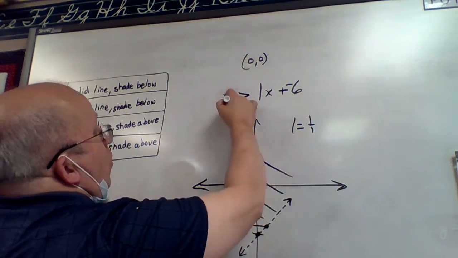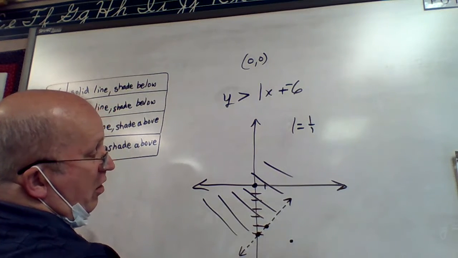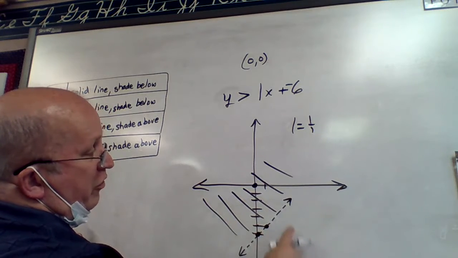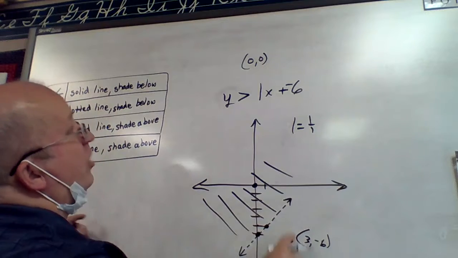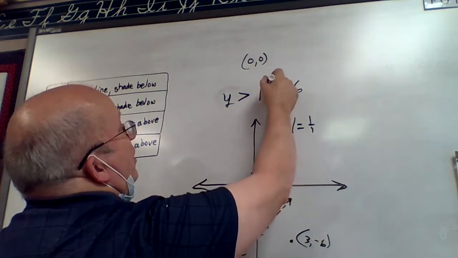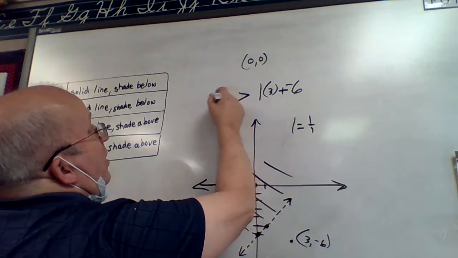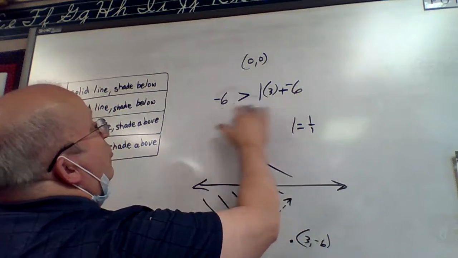But what if I chose something over here that's not in the shaded area? What if I chose, say, positive 3, negative 6? Positive 3, negative 6. That would be right there. It's not in the shaded area. If I put a positive 3 here and the negative 6 here, because the negative 6 is the y value and the 3 is the x value, this is not a true statement.